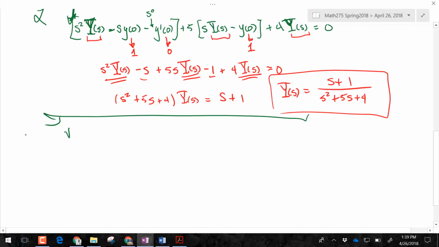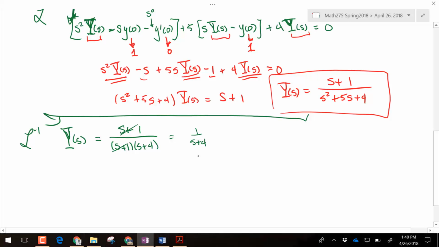So this is our s plus 1 divided by, does this factor to what? Well, the s plus 1's cancel. So we don't have to do partial fractions, and we have the solution now.